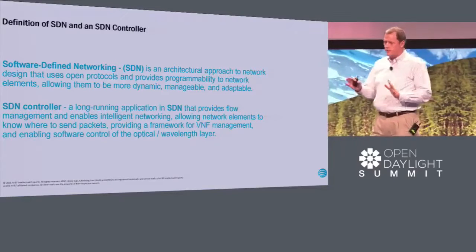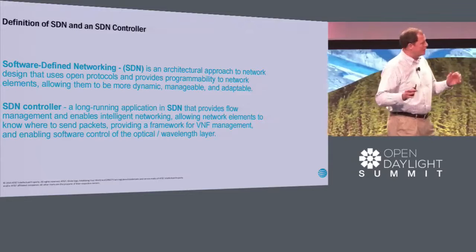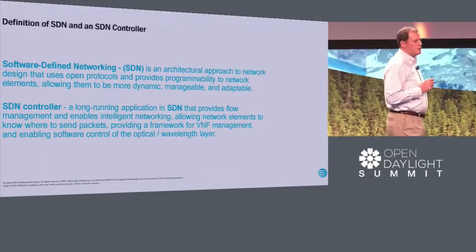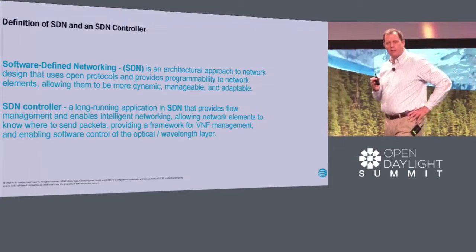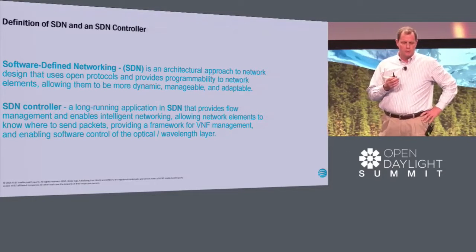I'm going to start off with some definitions. That way I won't get into any discussions after this and the break about, well, I really think SDN's this, and I think a controller's this. SDN's really an architectural approach to network design that adds some type of programmability to the elements, making them more dynamic, more manageable, more adaptable.